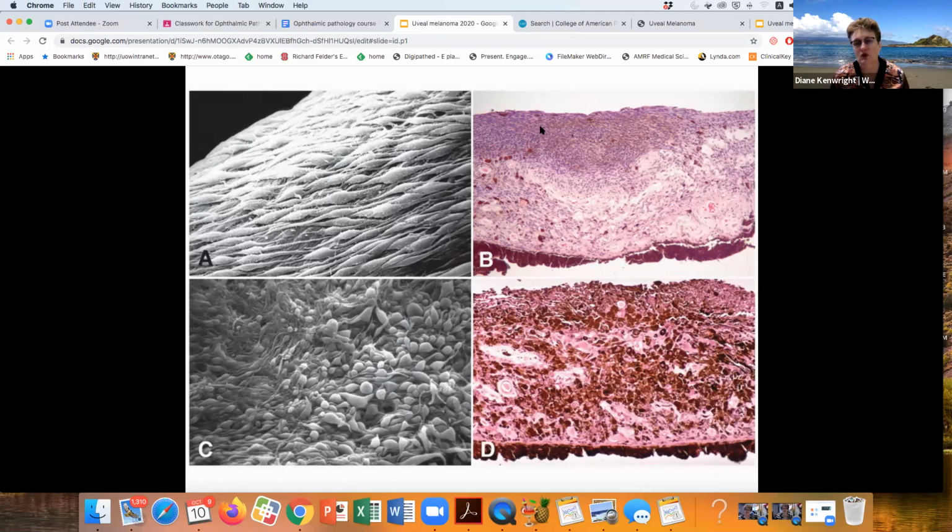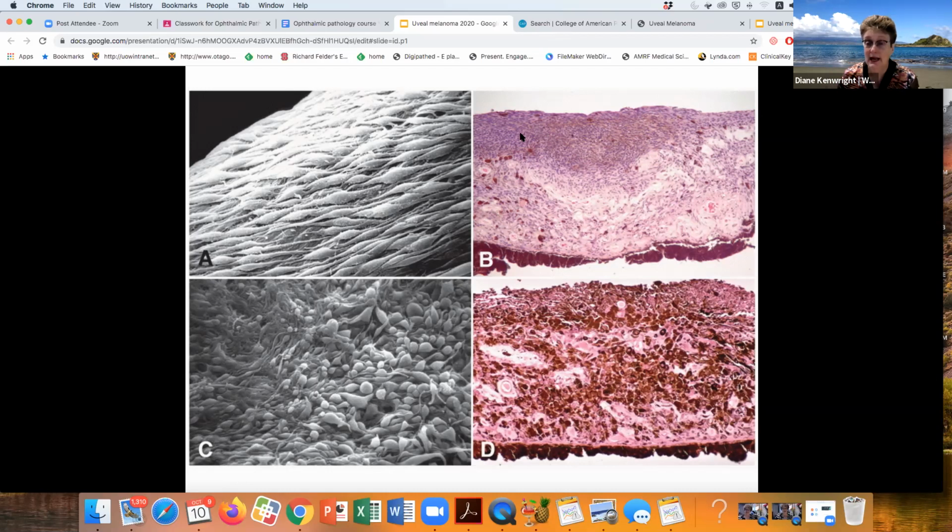This is slightly more tricky because it's a spindle cell lesion, but again, it's expanding the iris, and here we've got the front, and it's forming quite a big irregular lump on the top. So this is also looking like a melanoma. So often the cells are bland, and we have to rely on the growth pattern that helps to tell us whether it is a melanoma, and of course, the genetics.